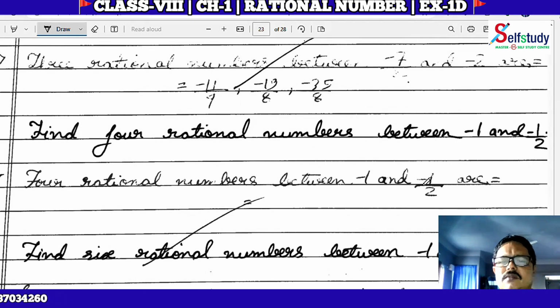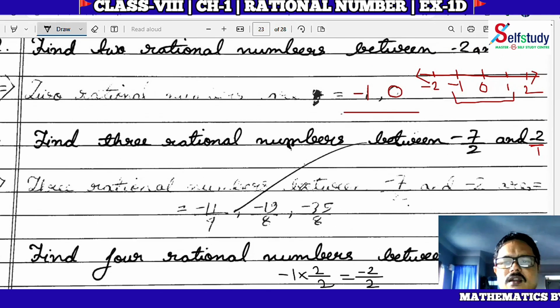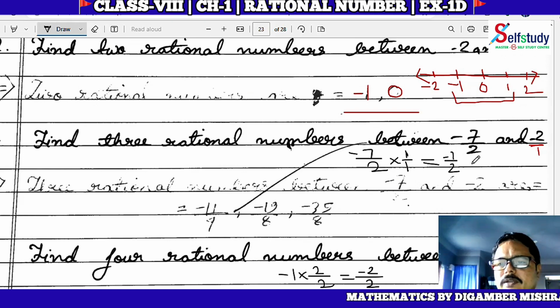So, rational numbers between minus 2 and minus 7 by 2. So here you need to multiply minus 2 by 2 upon 2. So it will be minus 4 by 2. Okay, I was explaining you this. So minus 7 upon 2 multiplied by 1 upon 1, so this will be minus 7 upon 2 only.